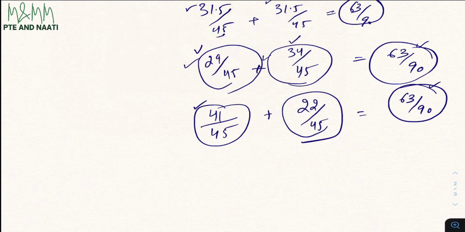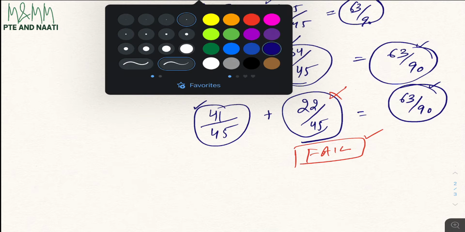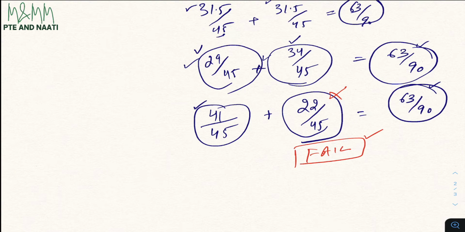But there's one dialogue where you only got 22, which is less than 29. So in this scenario, your final result would be a fail. I hope you're getting the scoring component by now, because that's extremely important and crucial. If you know the scoring, you know how to tackle this particular exam.